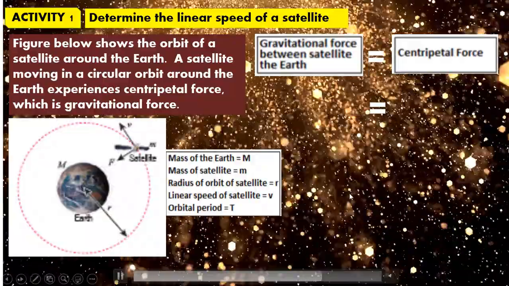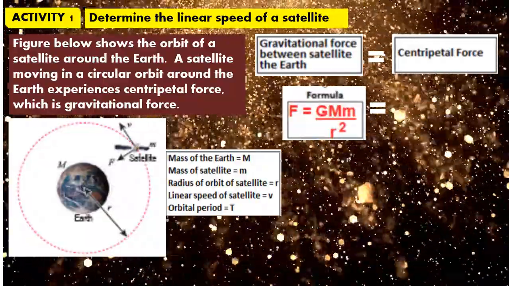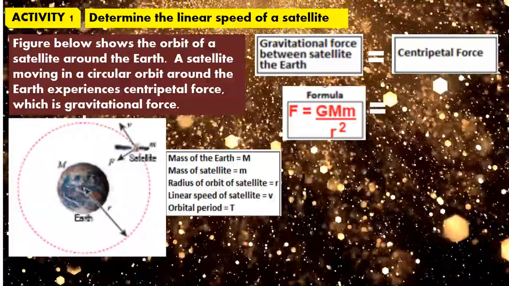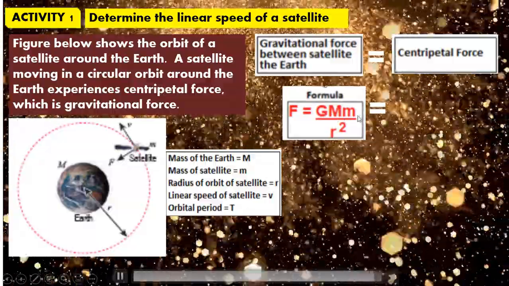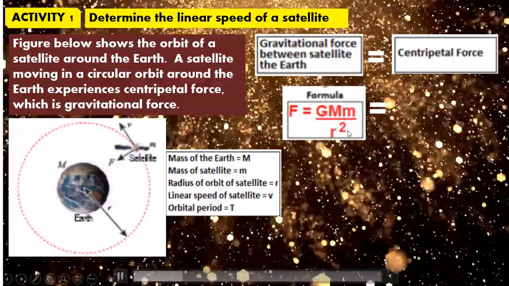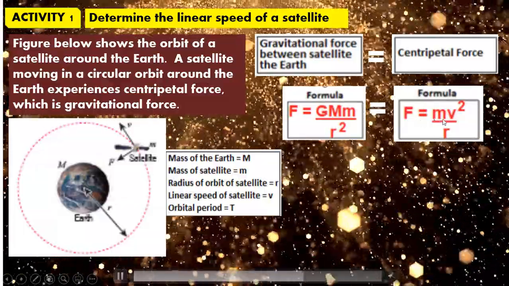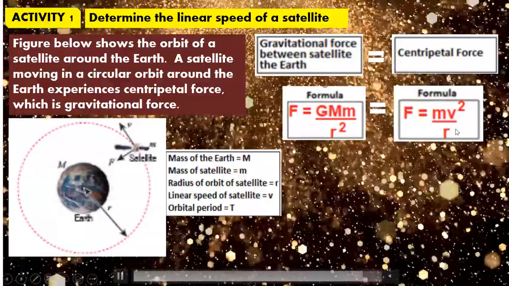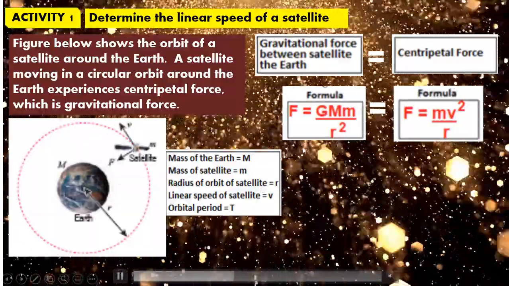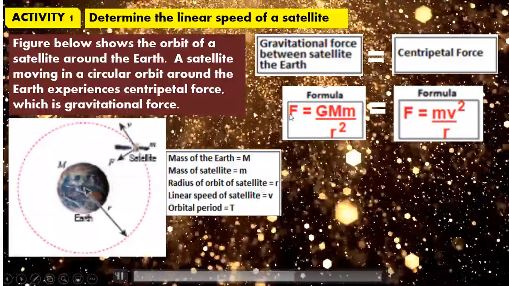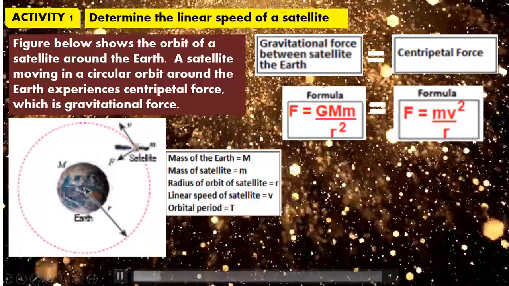Gravitational force, we have learned the formula from the first topic 3.1. F equals G, gravitational constant, big M, small m over r squared, equals centripetal force, which is F equals mv squared over r, where v is the linear speed of the satellite. Since these are equal, we can cancel small m and r.